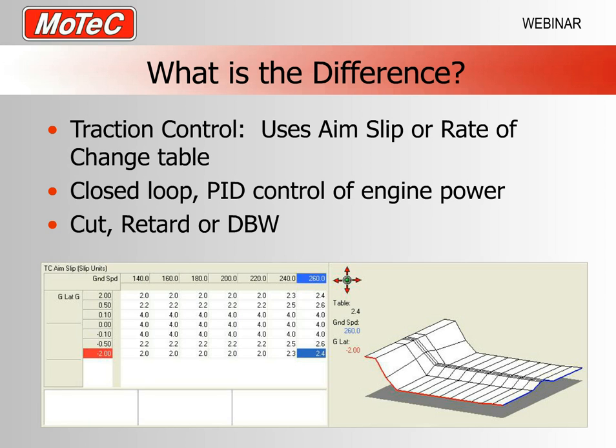But if you're going around a corner, it's using up some of that grip to maintain the corner. You can't put all that slip into driving the car forward and accelerating it, so you have to drop a little bit so that the car doesn't go spinning off the track. So this is something we do a fair bit these days. There's also a couple of tables to adjust this aim slip table.